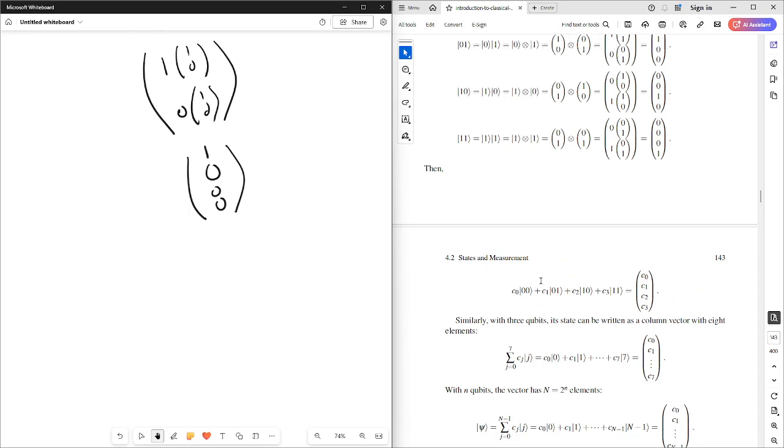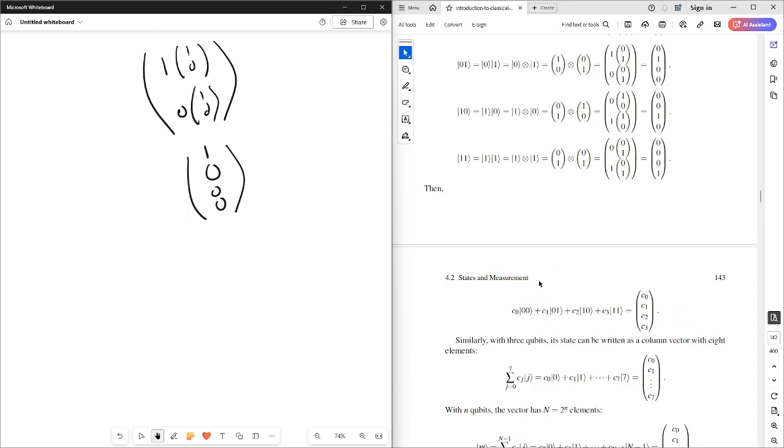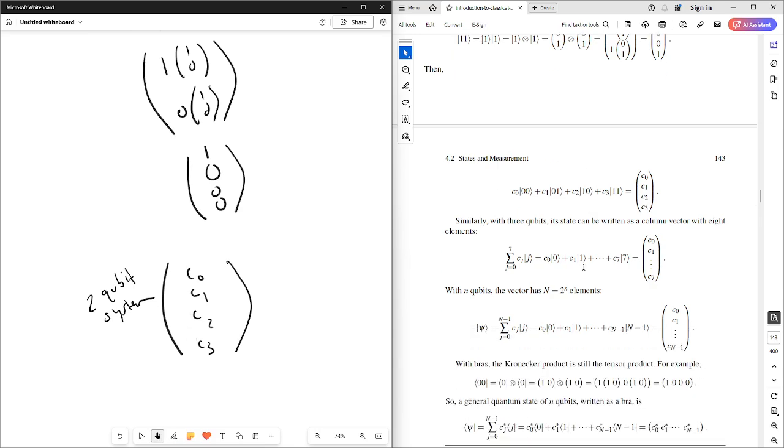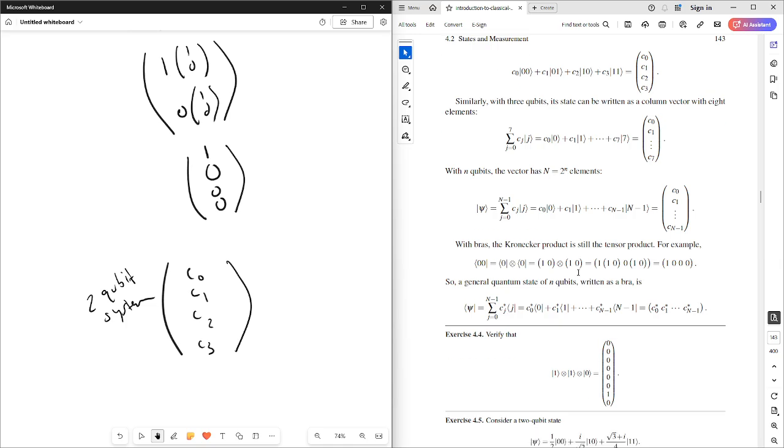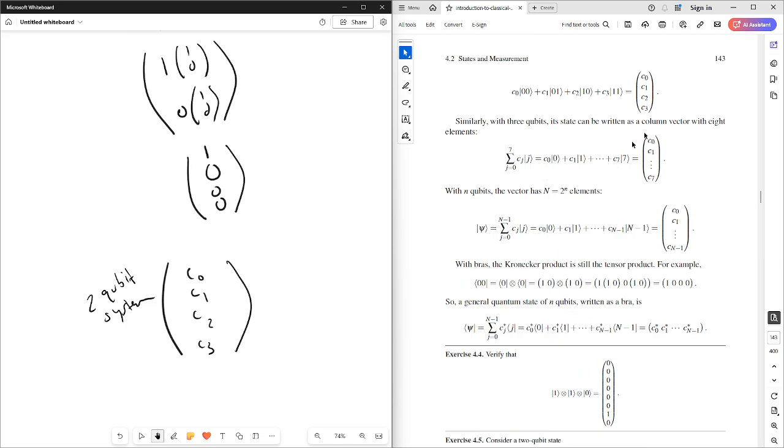Similarly, we can state that, let's say we have a 2-qubit system, the superposition will have 4 positions, and we'll have our amplitudes C0, C1, C2, and C sub 3. This is just generalizing, right?